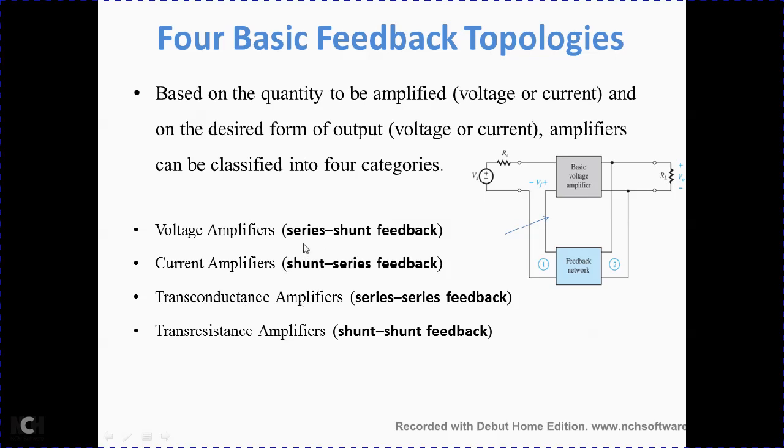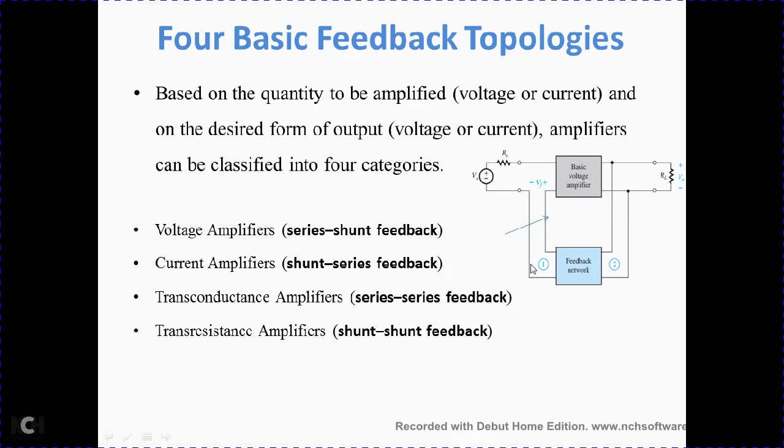Based on that, you can also name these different amplifiers by series shunt feedback and so on. The voltage amplifier is also called a series shunt feedback amplifier because the feedback we get from the feedback network is mixed with Vs in series.